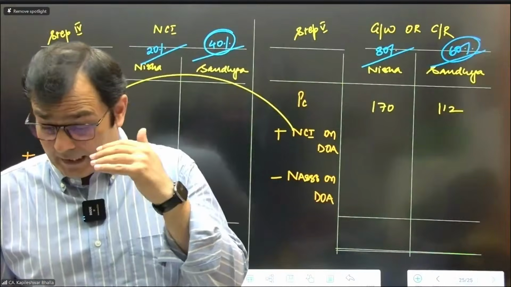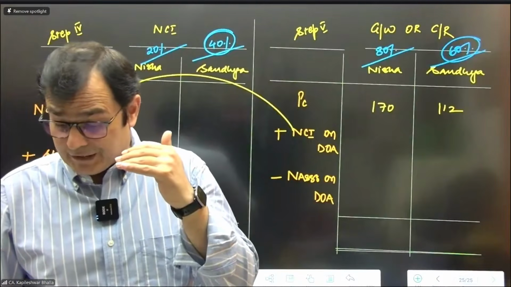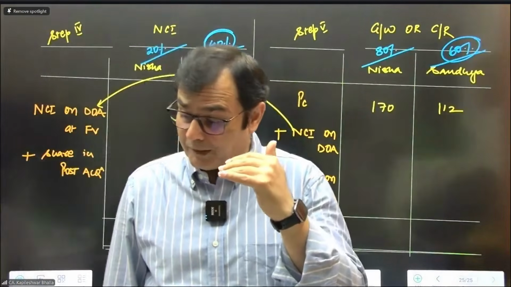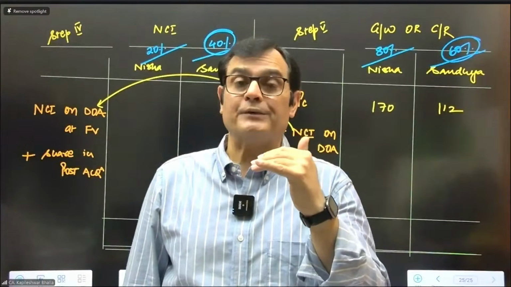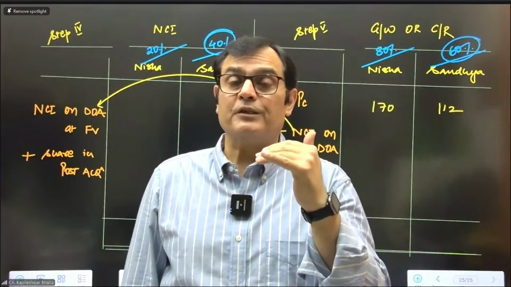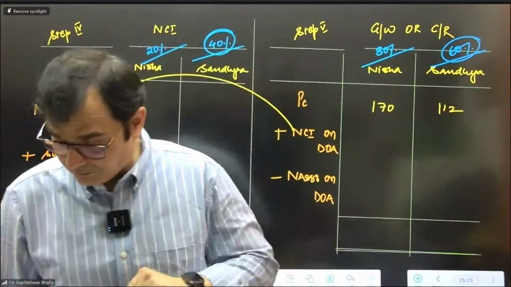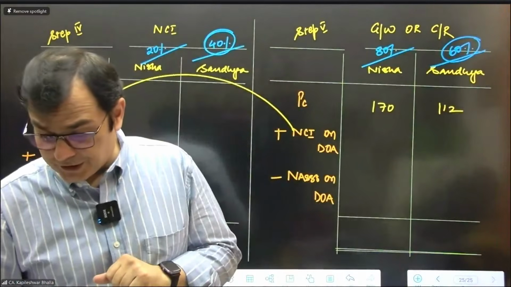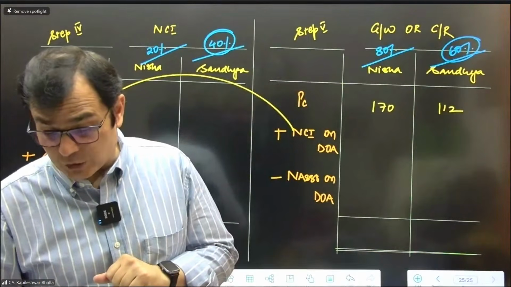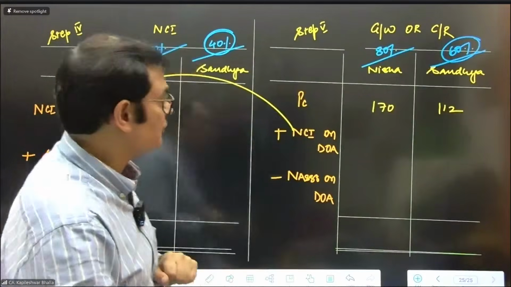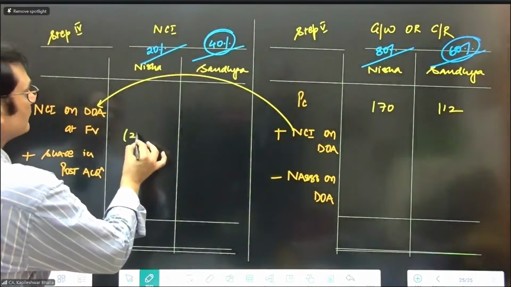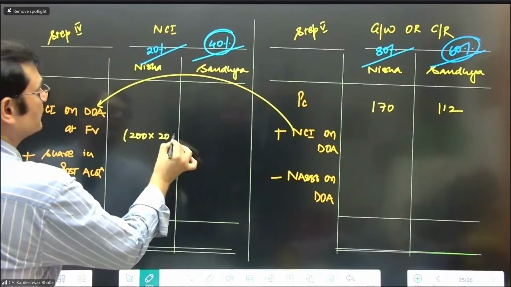Now for the NCI, I am clearly given, it says assume the market price of Nisha and Sandhya is equal to the face value. Which means the fair value and the face values are common. So if I consider the share capital as good as the market price, the share capital of Nisha is 200 into 20%.